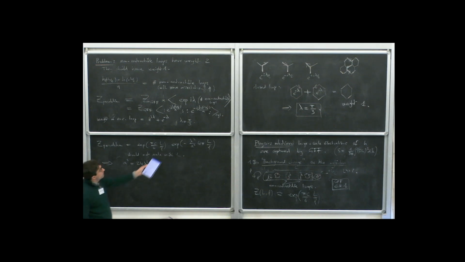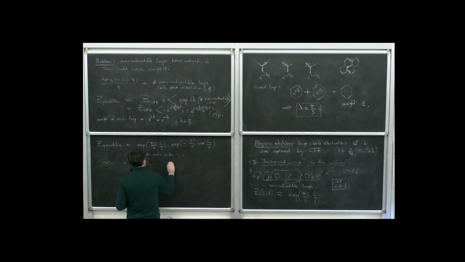Since we saw that lambda is pi over 3, we see that a has to be pi times square root of 8 over 3. Okay?